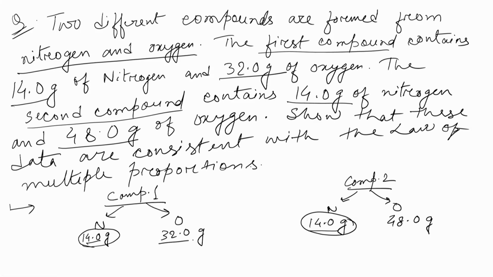In one case the mass of oxygen is 32 and in another case it is 48. So we have to find out the ratio of masses of oxygen in both cases.